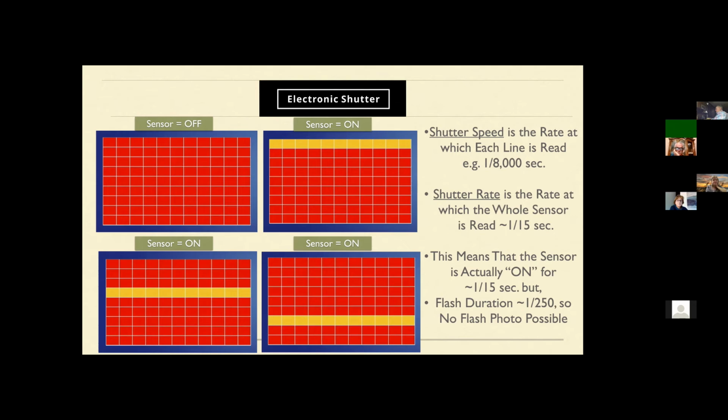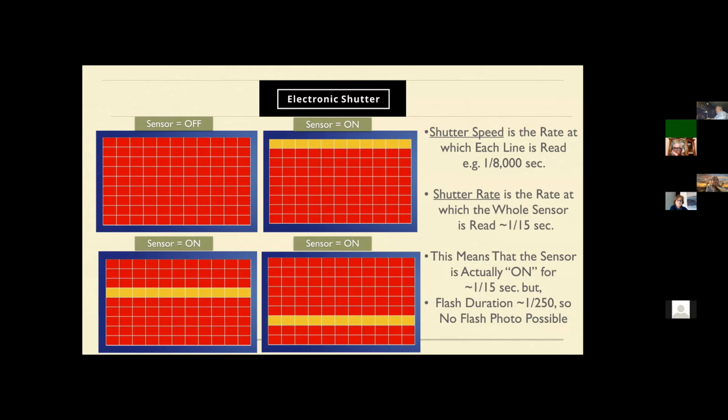So this means that in an electronic shutter, the sensor is actually on for about 1/15 of a second. But if we are going to shoot flash, flash duration is 1/250th of a second.